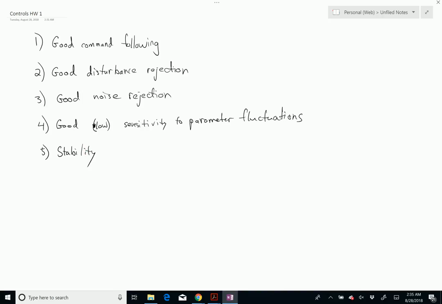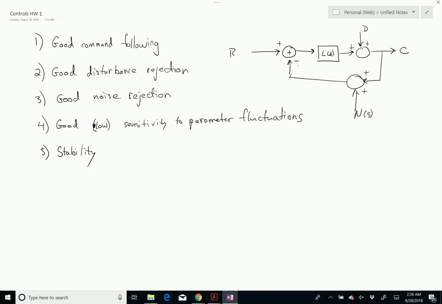Okay. Now, we did all of this in the context of our basic control system model, which we said I could turn into this guy. When we analyzed this in class, we said I've got a reference input, a disturbance input, and a noise input.